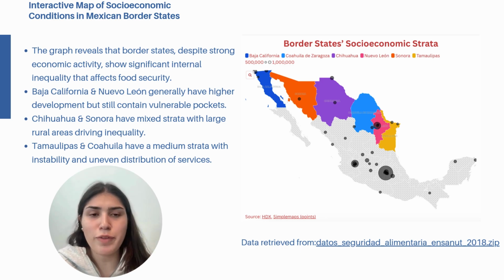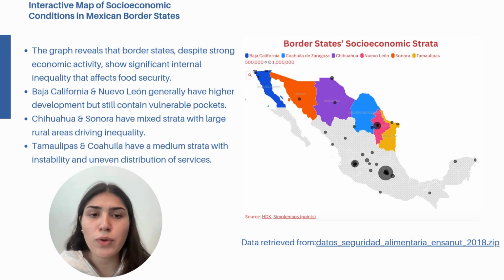This interactive map of the Mexican border states helps us understand how socioeconomic conditions shape food insecurity. Even though these states have high economic activity and strong connections with the US, the map shows large internal differences. For example, Baja California and Nuevo León appear to be more developed overall, but when you explore the map, you still find pockets of vulnerable communities. States like Chihuahua and Sonora show a mix of socioeconomic levels, especially in rural areas, which leads to uneven access to food and services.